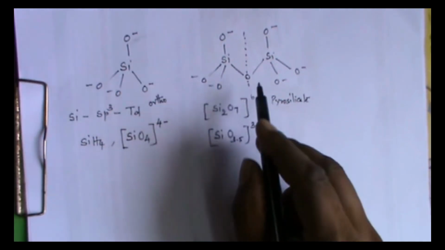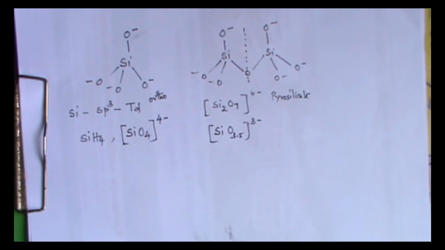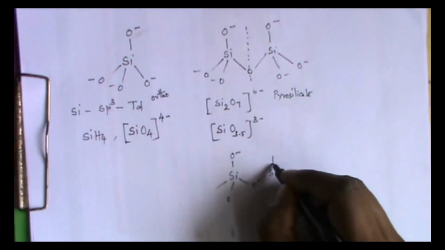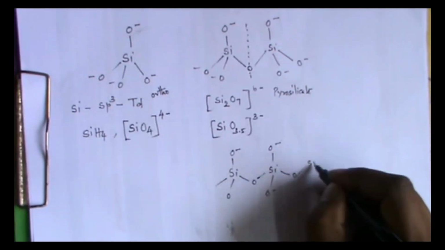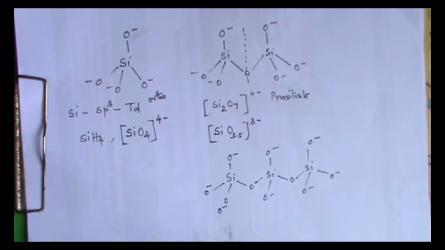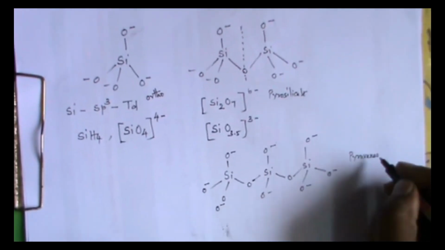Here only one oxygen atom is shared by 2 silicon atoms. Suppose 2 oxygen atoms are shared. In fact, if you extend in both the sides, what we get is pyroxene.